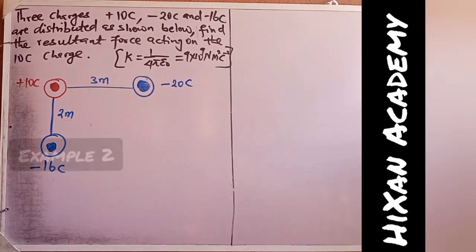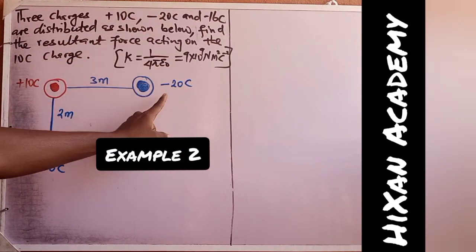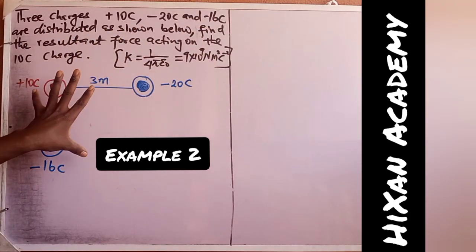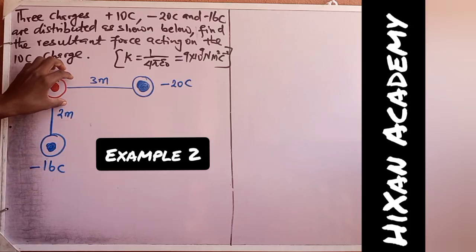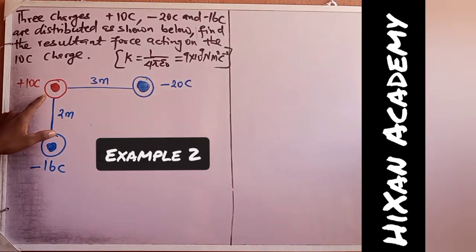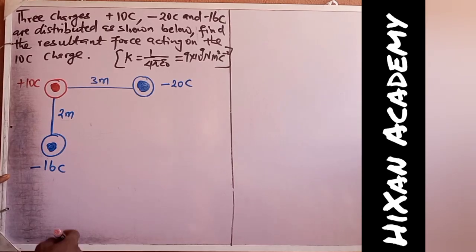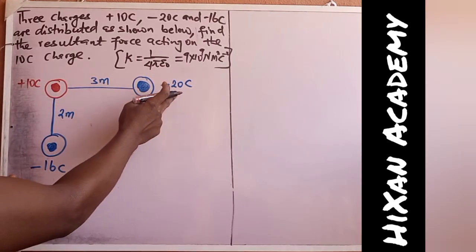Now, look at this question. Three charges, 10 Coulomb, minus 20 Coulomb, and minus 16 Coulomb are distributed as shown below. Find the resultant force acting on the 10 Coulomb charge, this red one. We're looking for the resultant force on this red one. Now, let's look at them this way. This 10 Coulomb and this 20 Coulomb, there is attraction between them because this is positive charge and this is negative charge.